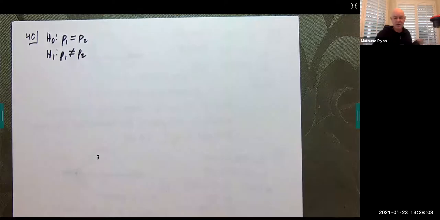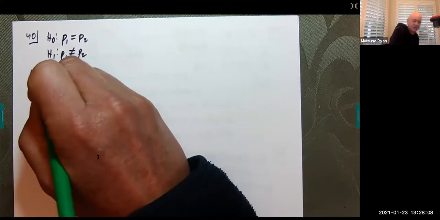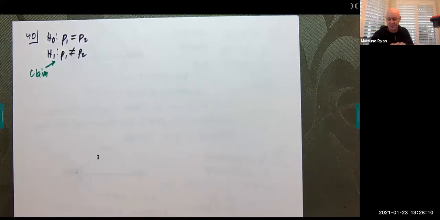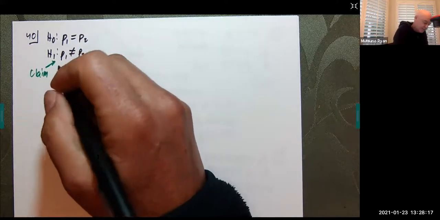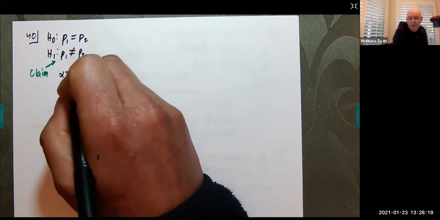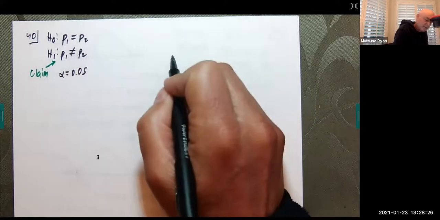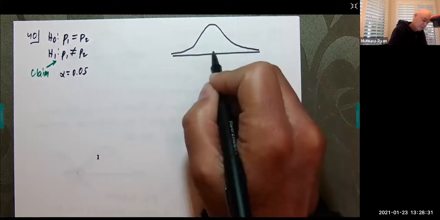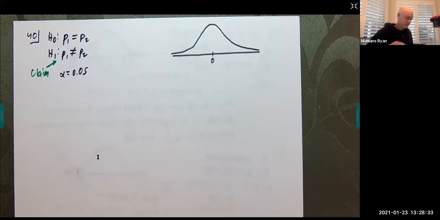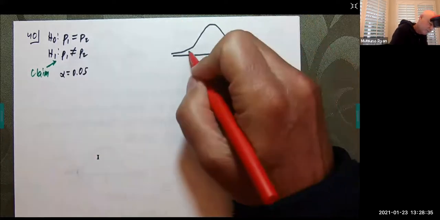And I'm going to again change the problem and say that this is the claim. Again, I want us answering with the same types of sentences each time. All right, so let's say they gave us an alpha of 0.05. And this is going to be two-tailed because of the not equal to.